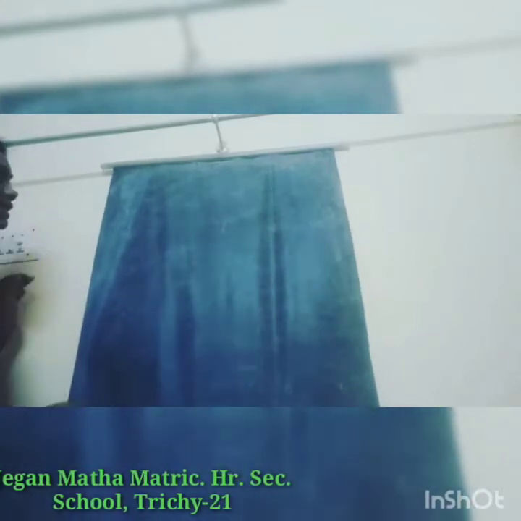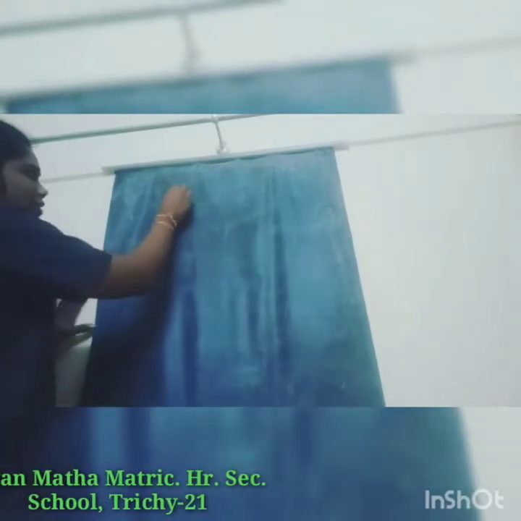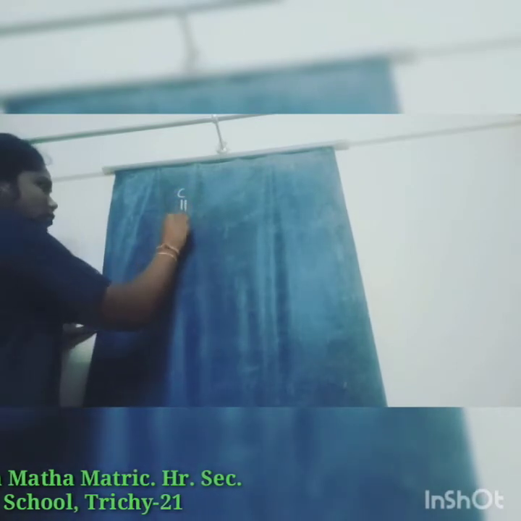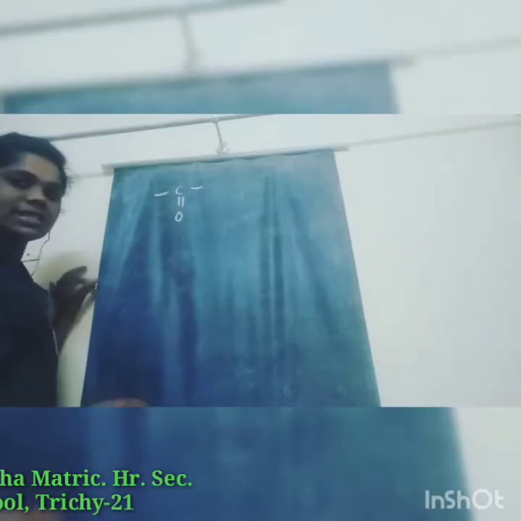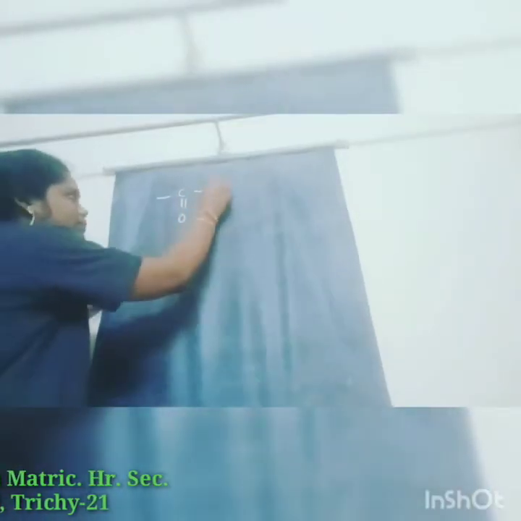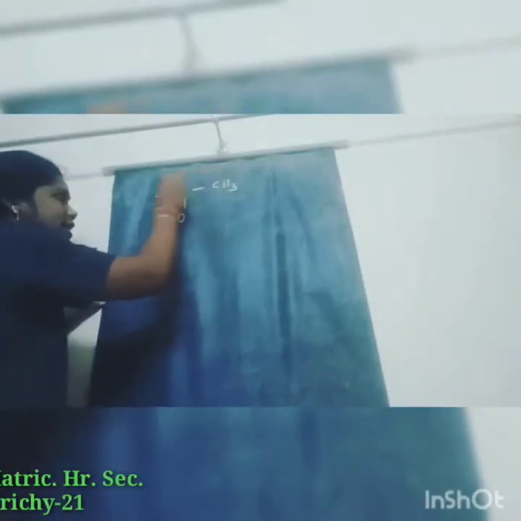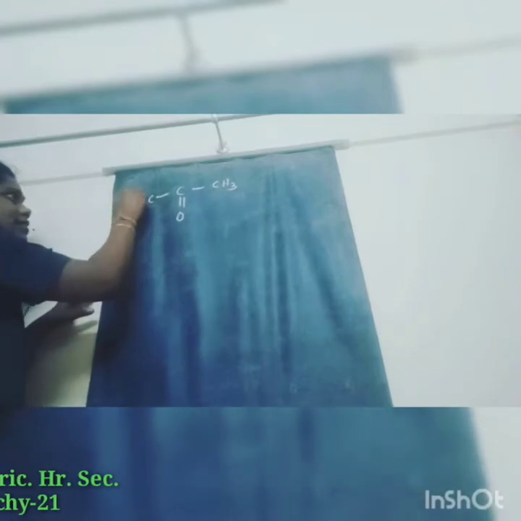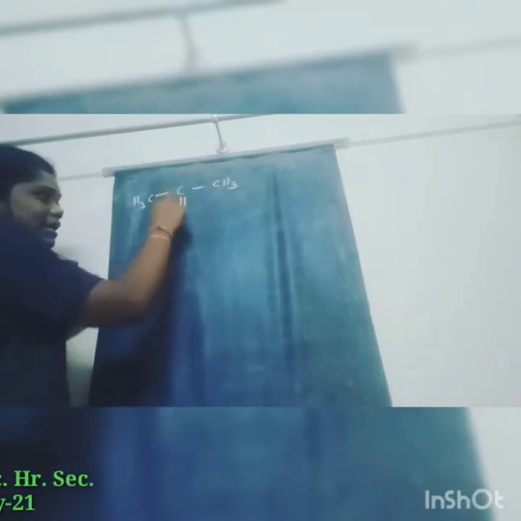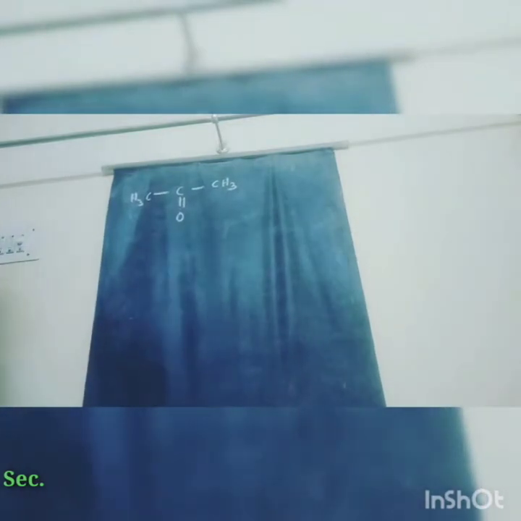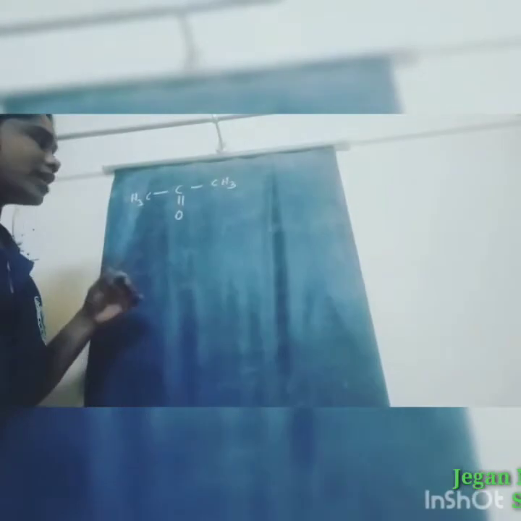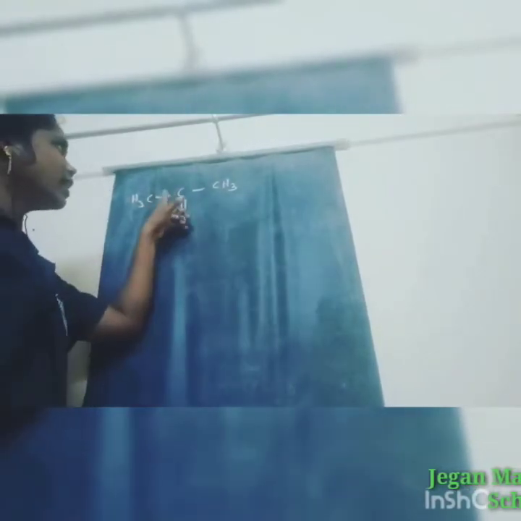And the next one is acetone, or dimethyl ketone. The ketone functional group is C double bond O. Methyl means CH3, so here one CH3 and here one CH3, so dimethyl ketone, and another name is acetone. Now you write the IUPAC name for this compound. We calculate the number of carbons: 1, 2, 3.